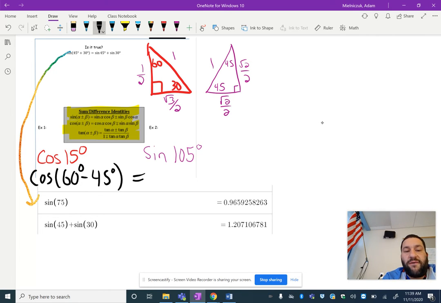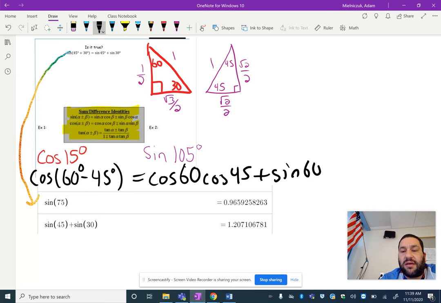And then using my formula, I can see if I'm subtracting, which is on the bottom here, I have to add. So this will end up being the cosine of 60 times the cosine of 45. Since I'm subtracting here, I add here, times the sine of 60, or plus the sine of 60 times the sine of 45.